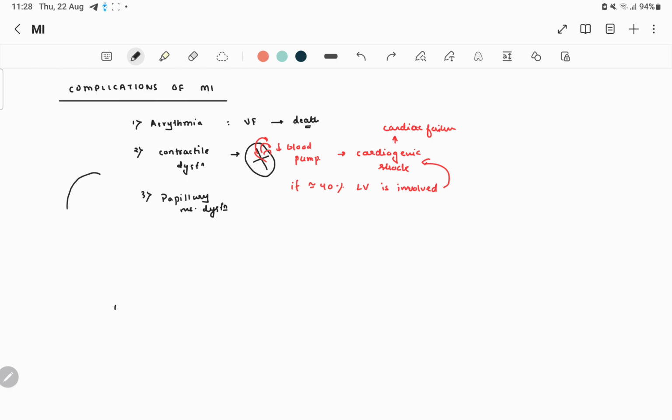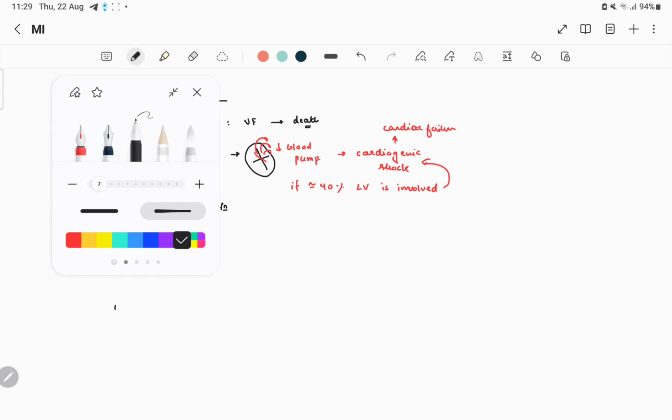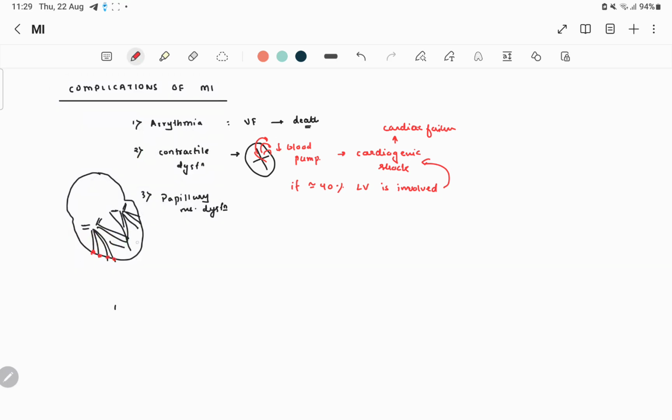Our valves are present, and these valves are attached to chordae tendineae, and the chordae tendineae go to muscles present in the wall of the heart. These muscles are called the papillary muscles. If there is dysfunction of the papillary muscles, the chordae tendineae will become loose, and due to this loosening, the blood will try to regurgitate. So there is a regurgitation of blood.